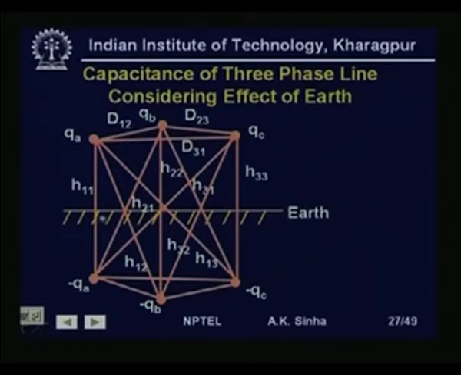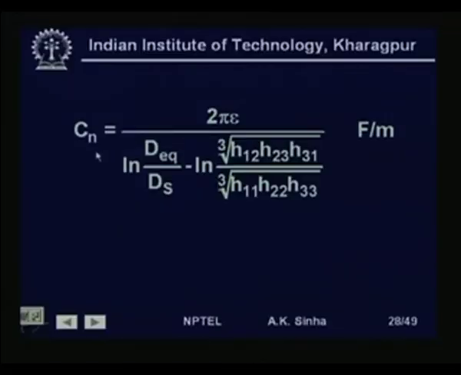So, whether this is here or it is not here, it does not matter, and with these 6 conductors now we need to find out the capacitance. If we do this calculation, then we find that the capacitance to neutral for any of the phase conductors will be given by twice pi epsilon divided by ln dEq by ds minus ln cube root of h 12 into h 23 into h 31 divided by cube root of h 11 into h 22 into h 33.